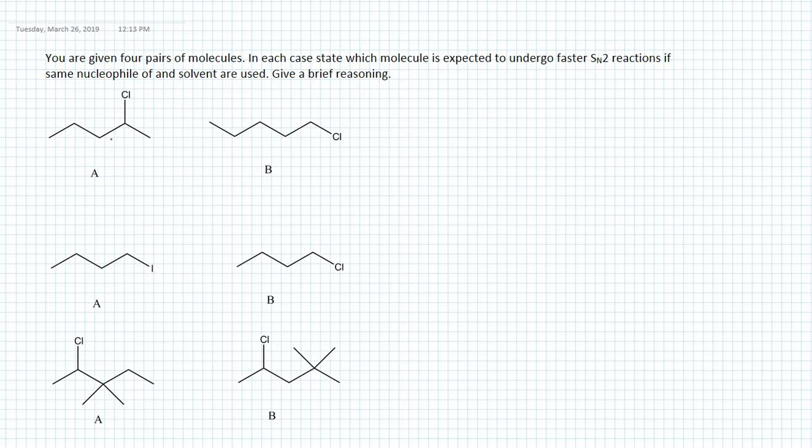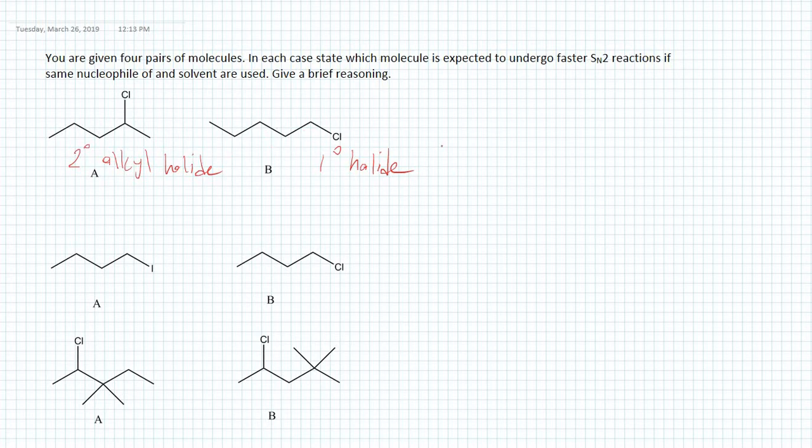This molecule is a secondary alkyl halide. And this molecule is a primary alkyl halide. Okay, these are alkyl chlorides.